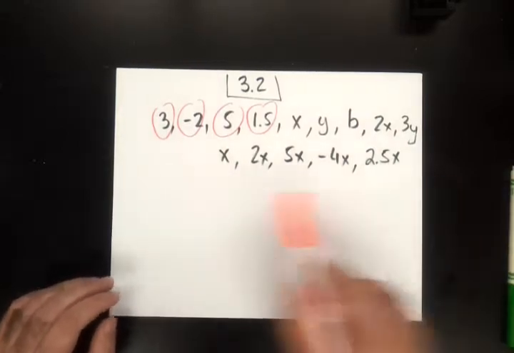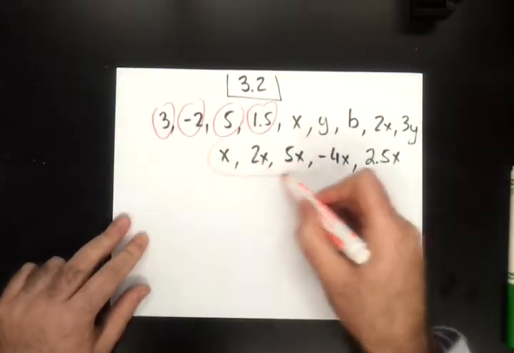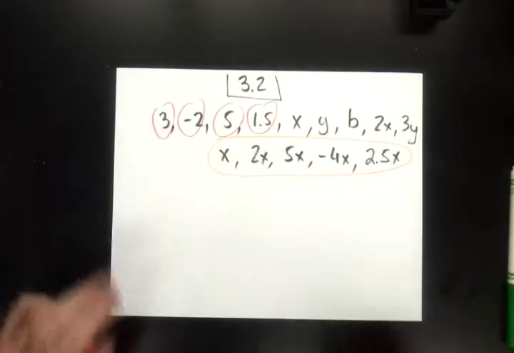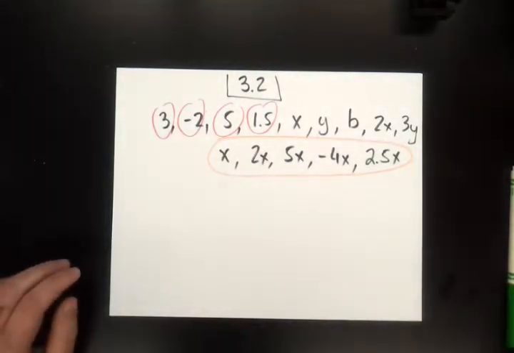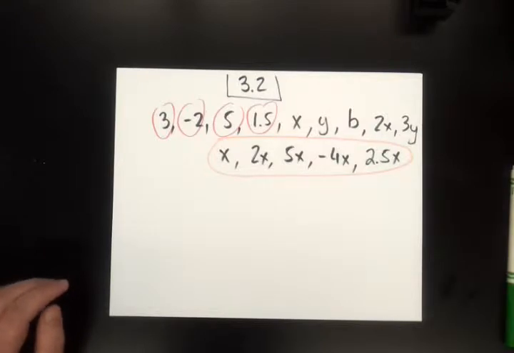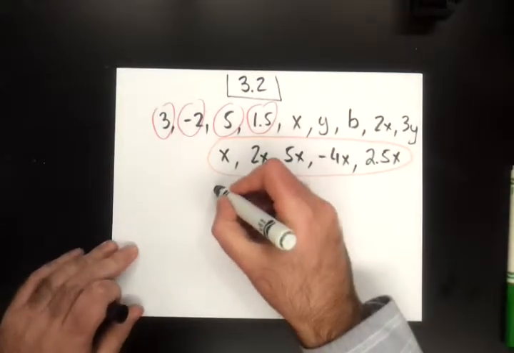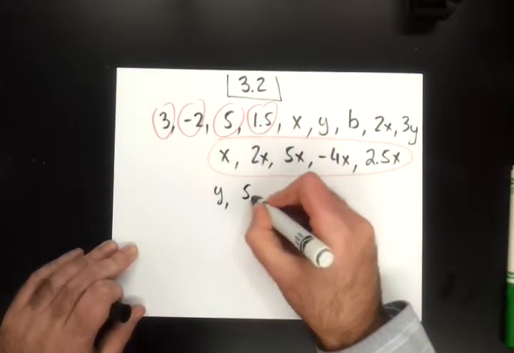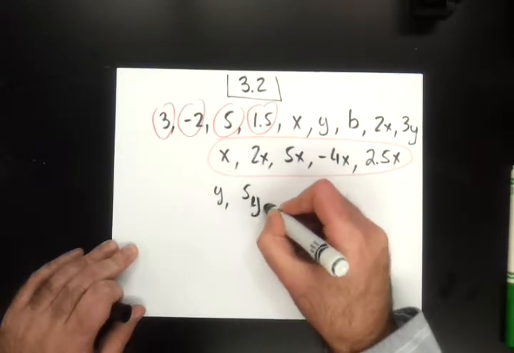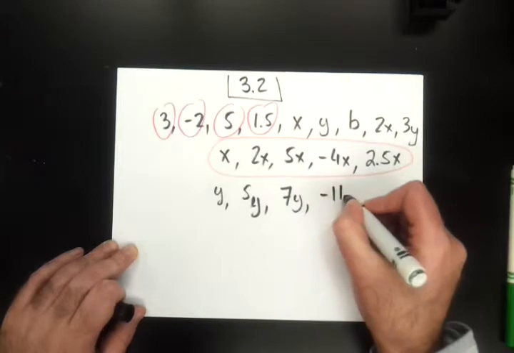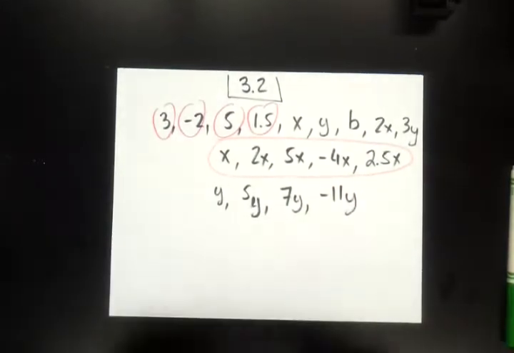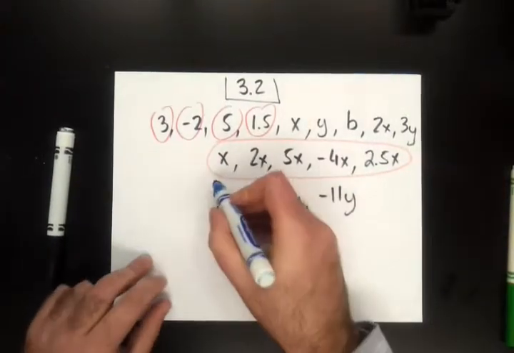I can combine any of these x terms, no problem. They are all x terms. If I have y terms, I can combine those. For example, if I have y, 5y, 7y, -11y, I can combine all of these. They're all y terms.